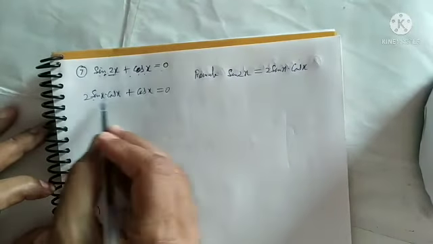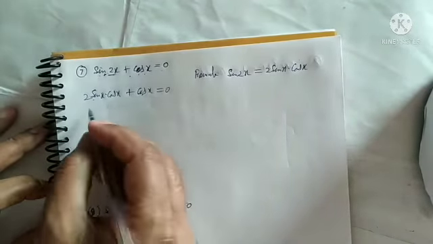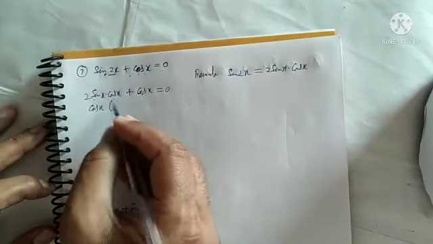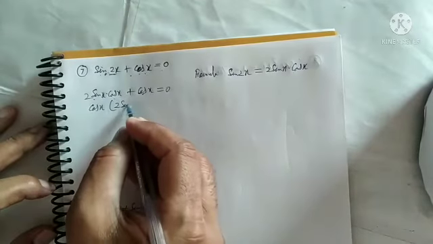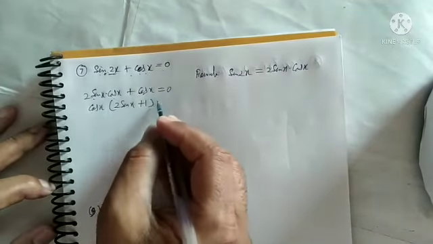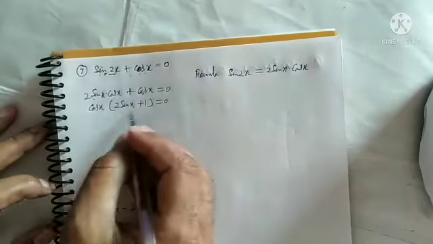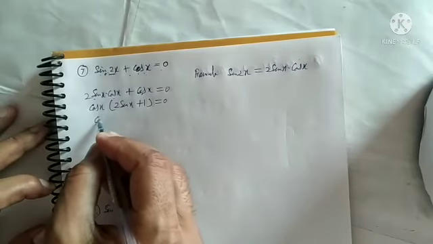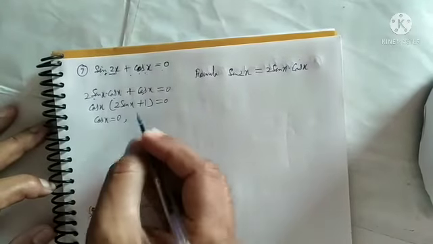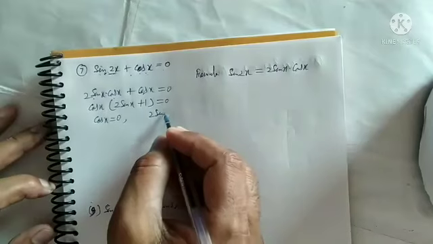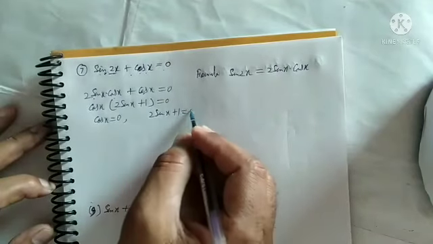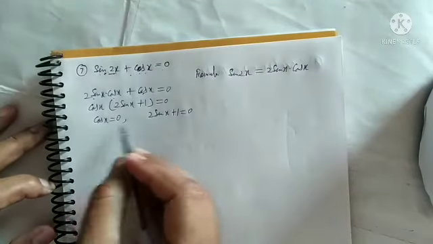Now from both terms, what is common? Cos x. So take cos x outside as common. In the bracket what is left is 2 sin x plus 1 equal to 0. Therefore cos x is equal to 0, and 2 sin x plus 1 is equal to 0.